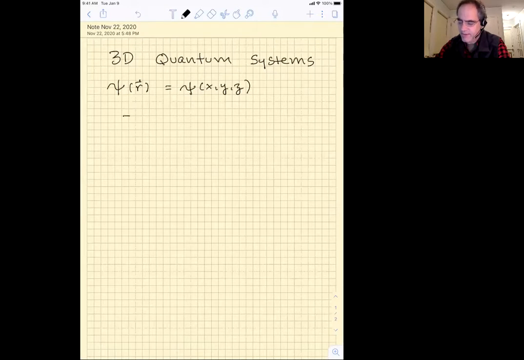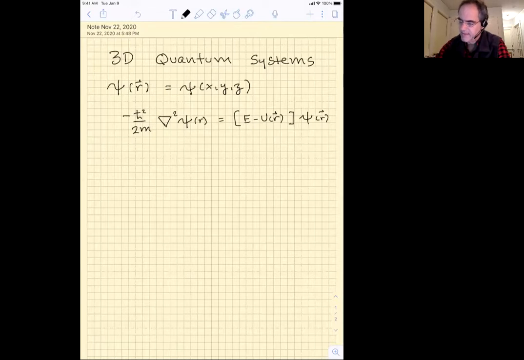We wrote it this way: minus h bar squared over 2m times the second spatial derivative of psi, which we write in 3 dimensions as del squared psi. And this has to be equal to E minus U of r, potential energy as a function of position, times psi.